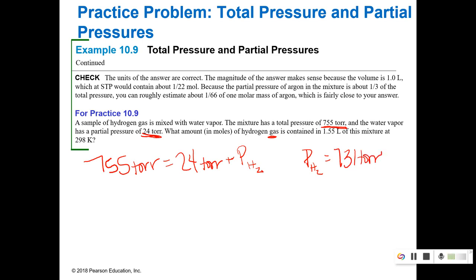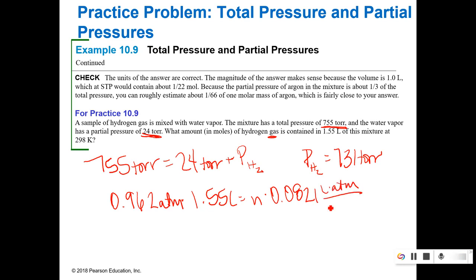Okay, don't forget to convert that to atmospheres. So I get 0.962 atmospheres times 1.55 liters equals n times 0.0821 liter atmospheres per mole Kelvin times 298.